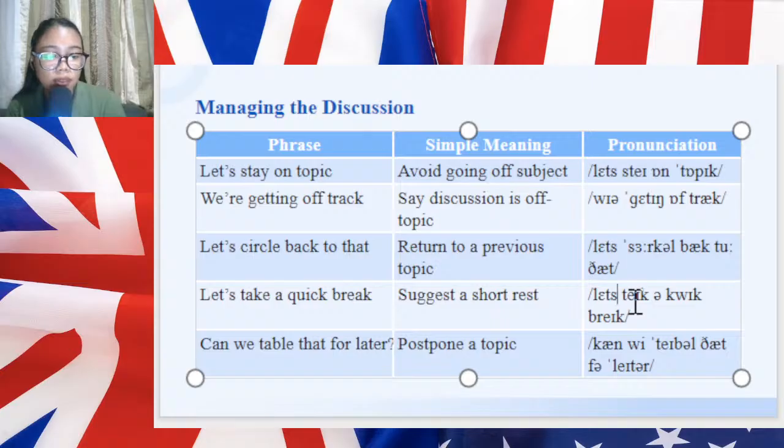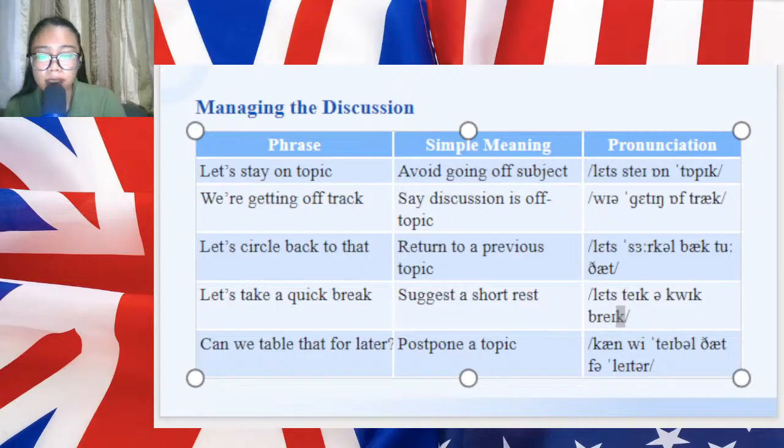So that's quick. For the last word, break, it starts with a consonant cluster BR, so B and R, combined. Okay? And then it's followed by another diphthong sound, A, and then ends with a K sound. So this is let's take a quick break. Again, let's take a quick break.